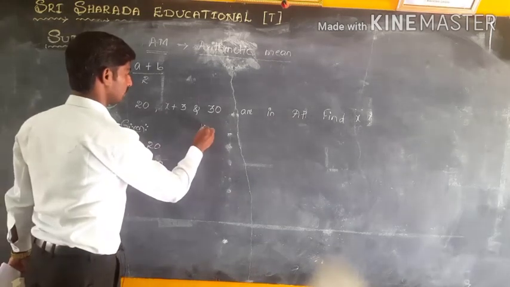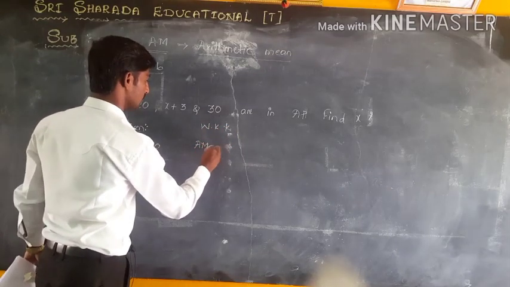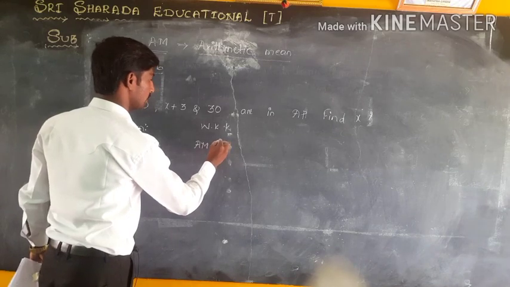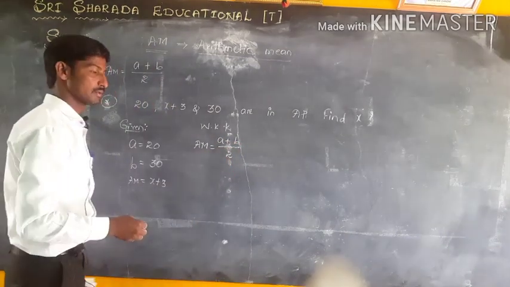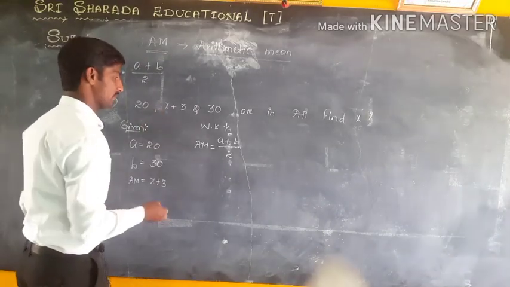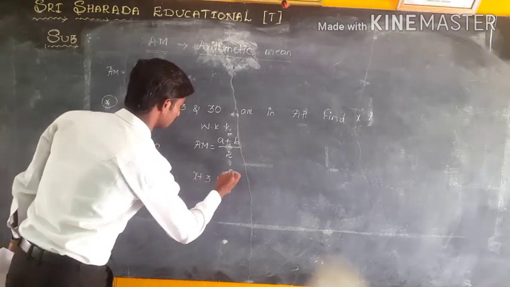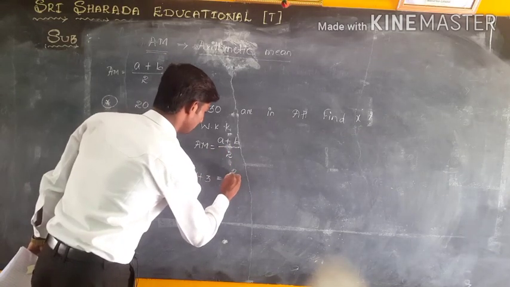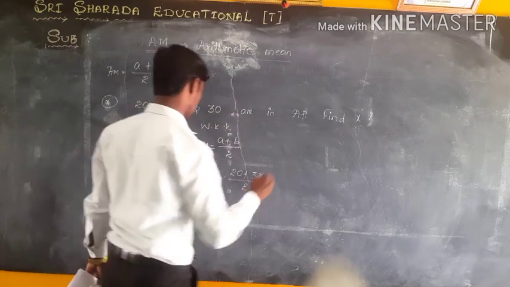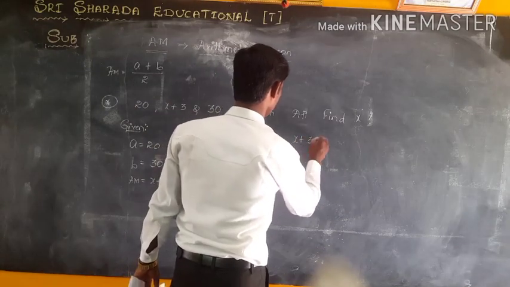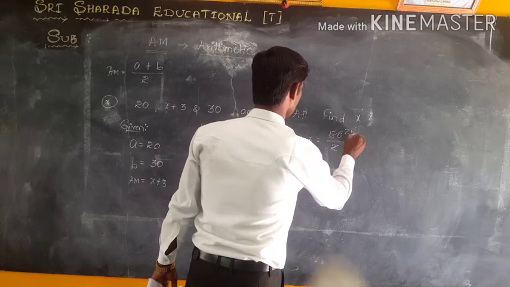So we know that we have one formula, that is arithmetic mean AM is equal to A plus B divided by 2. So the arithmetic mean, x plus 3, is equal to A plus B, that is 20 plus 30 divided by 2. That is x plus 3 is equal to 50 divided by 2, 2 twenty-fives are 50.